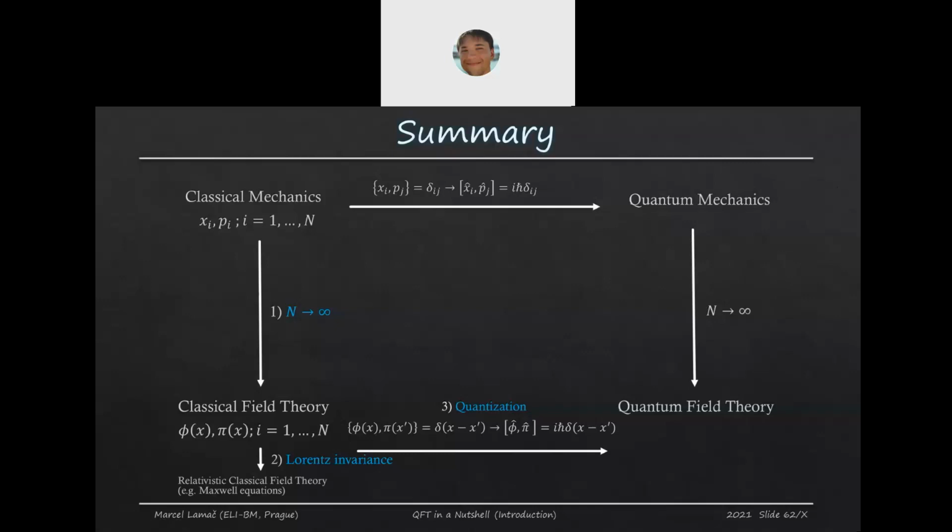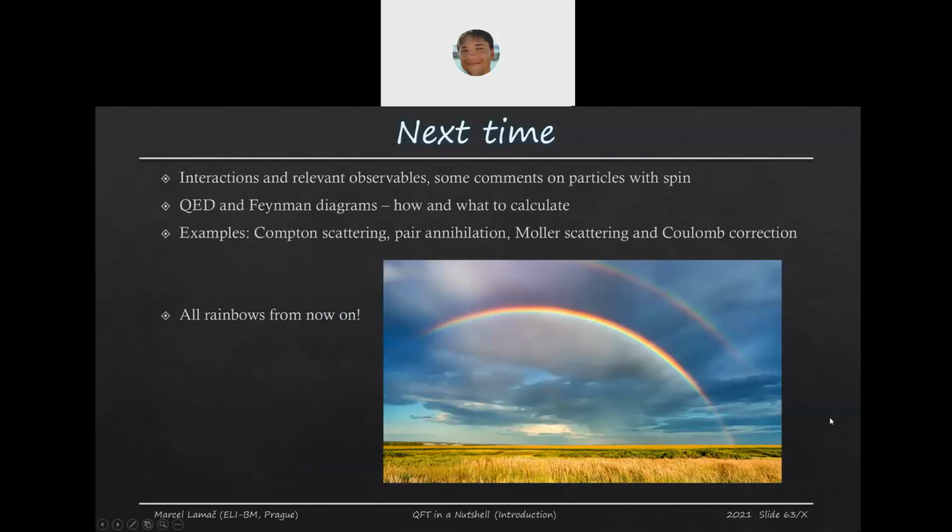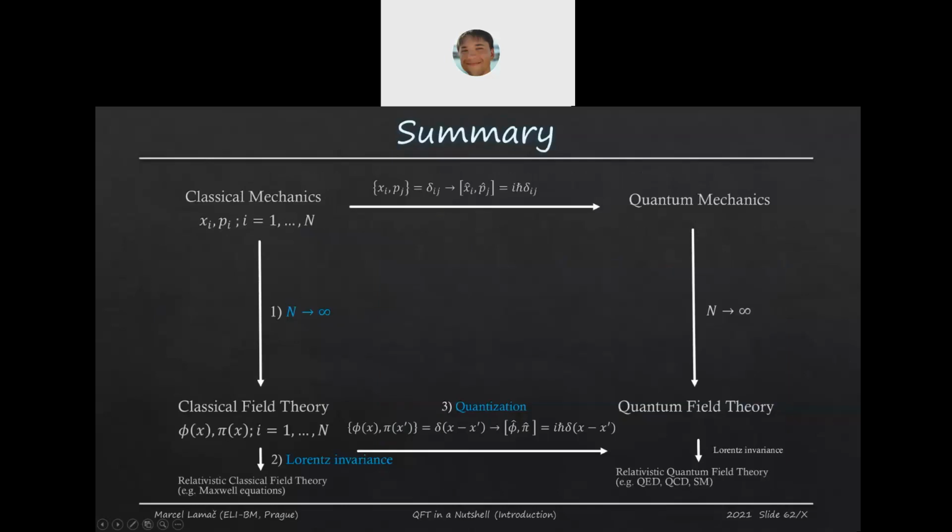And both of these approaches lead to quantum field theory, which once again is when we have the quantized field operators and the associated Hilbert space, and in the case when we are considering relativistic quantum field theory, we also know the representations of the Lorentz group acting on the Hilbert space and the locality and causality of our operators.